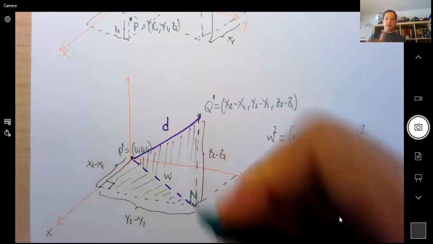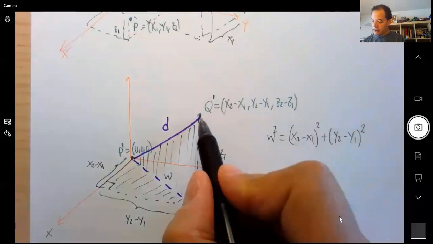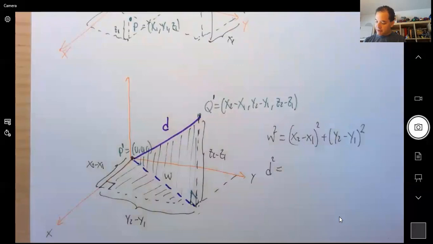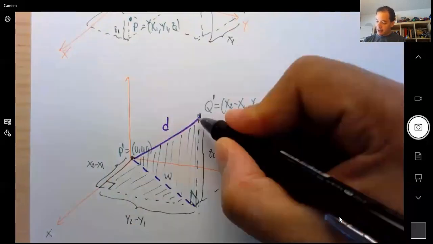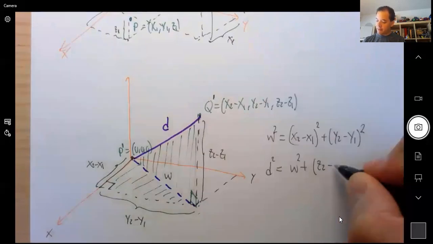It's a right triangle that is vertical. It's like a vertical right triangle. Yes, but we can use the Pythagorean theorem on that right triangle as well. This time the hypotenuse is D. So D squared is W squared plus the height squared. And the height is z2 minus c1.